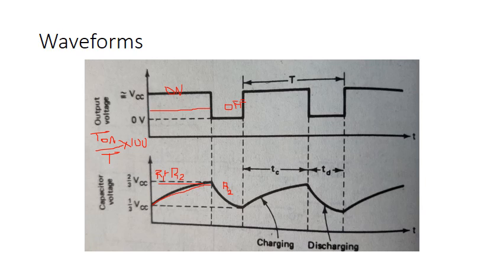You can see here, this is high and this is low. You can change the duty cycle by changing these resistor values. This is the total time T, this is charging time TC, and discharge time TD. Total T is TC plus TD.